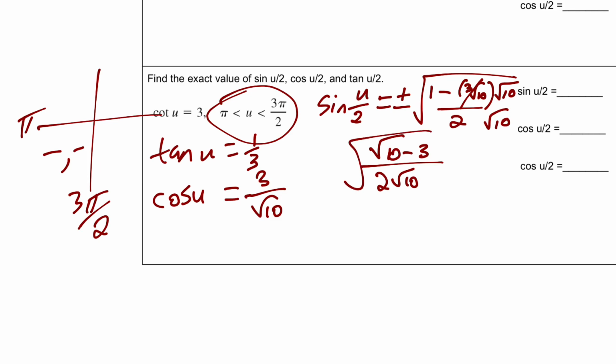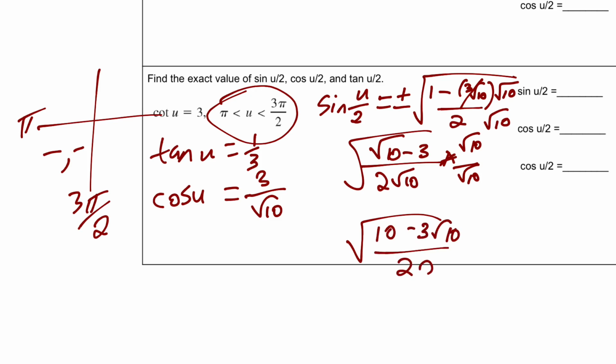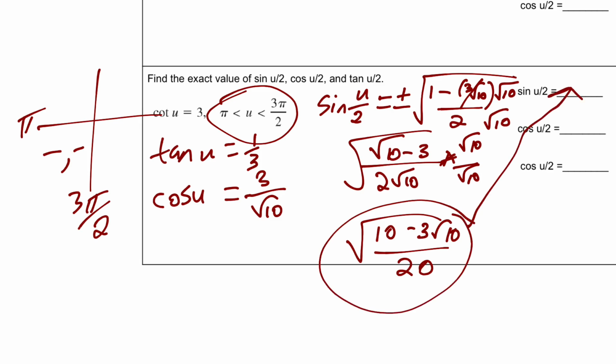And if I want to simplify that one more time, I can take and multiply by root 10 over 10 again. So that I eventually get here 10 minus 3 root 10 all over 20, and that is my sine.